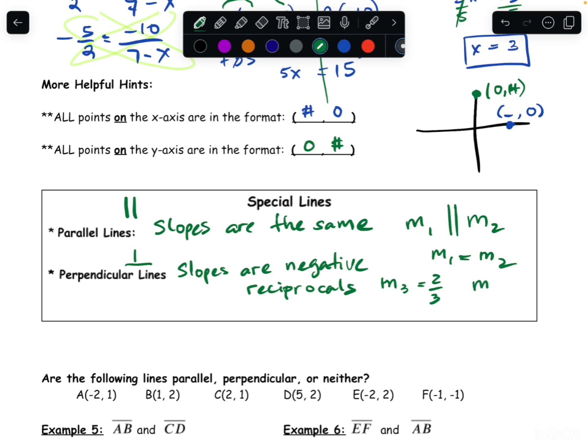So my next slope, the perpendicular slope, is going to be a negative this time, and it's 3/2. So you flip it and change the sign. Okay? So in this case, if you see that your slopes are negative reciprocals, you're going to say that one slope is perpendicular to the other slope. And perpendicular again means they're at 90 degrees.